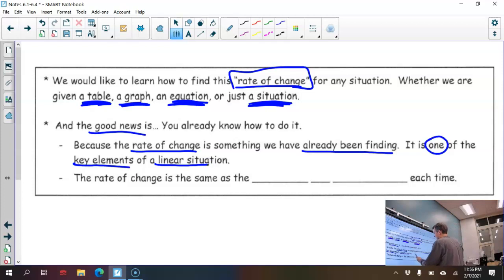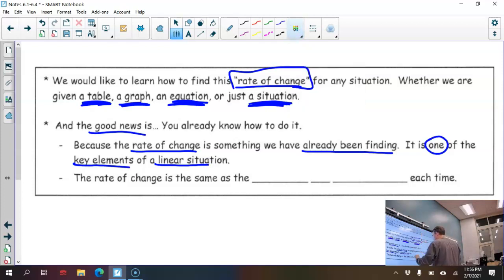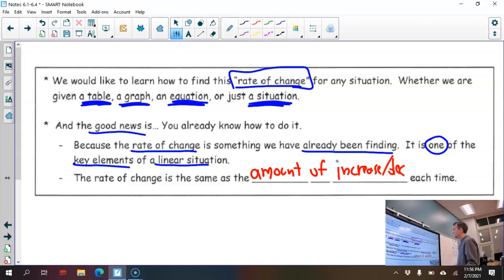The rate of change is the same as the amount of increase/decrease each time. That is what rate of change is. We've already been finding it.